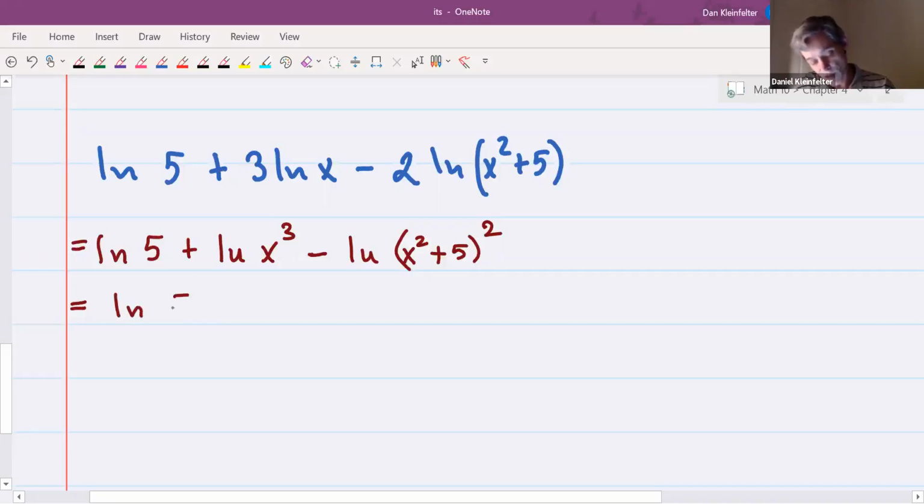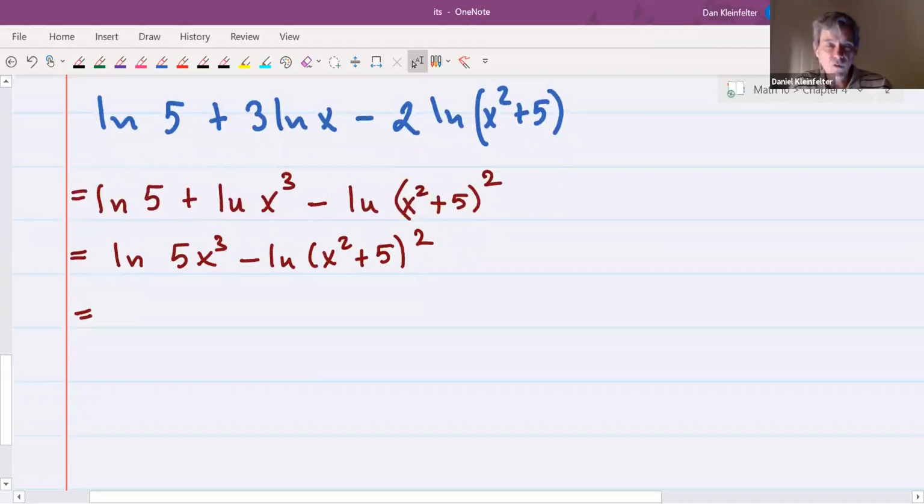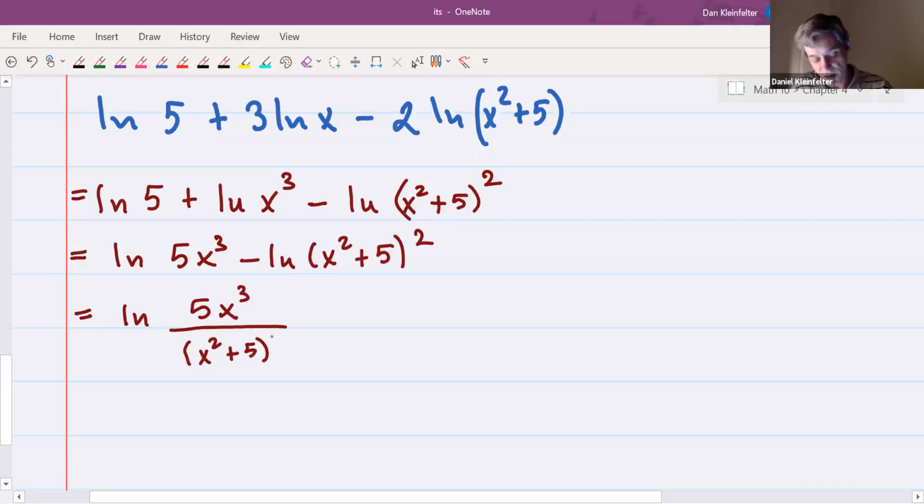So we'll have natural log 5x cubed, and then we'll have minus natural log of (x squared plus 5) squared. And then finally, this is a difference of two logs. So we'll rewrite that as a single logarithm of a quotient. So we'll have natural log of 5x cubed divided by (x squared plus 5) squared.